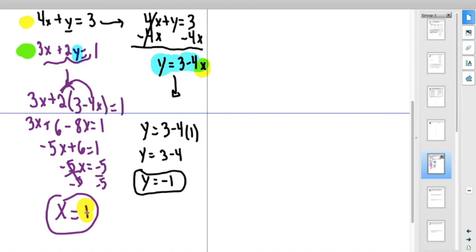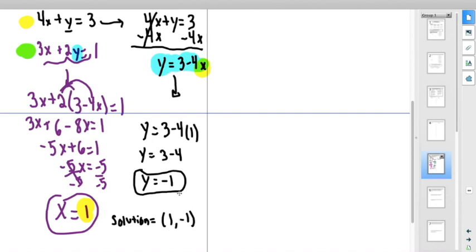Okay? X equals 1, y equals negative 1. So that's my solution point: 1 comma negative 1.